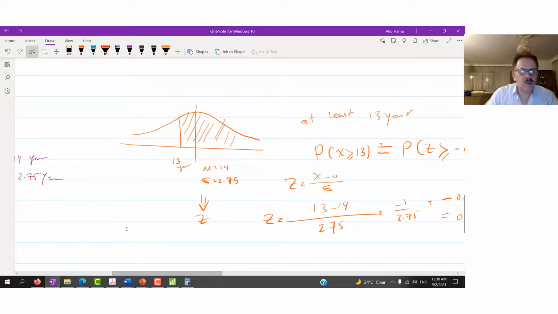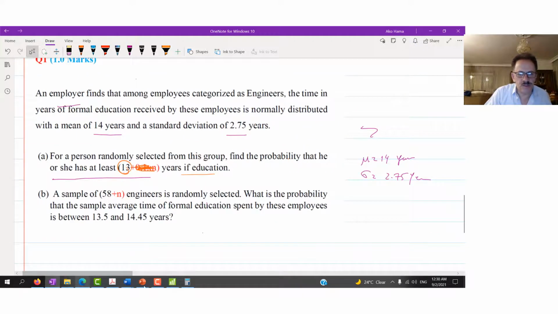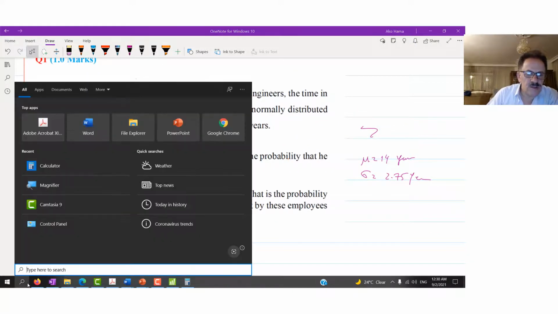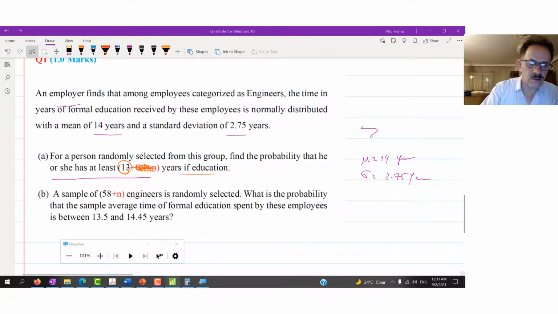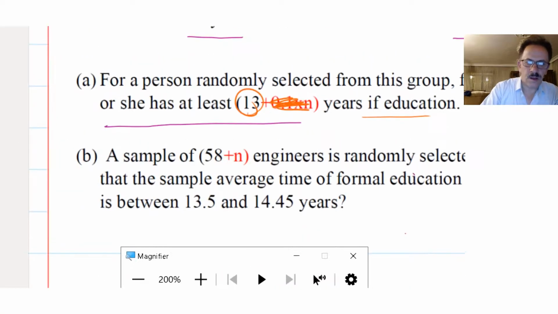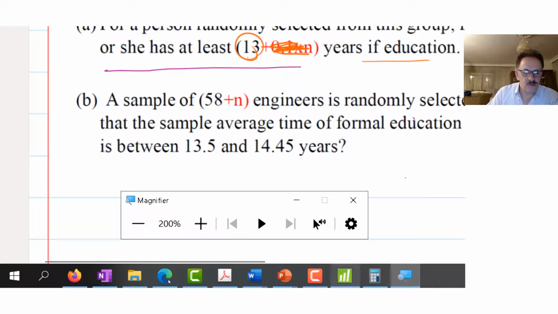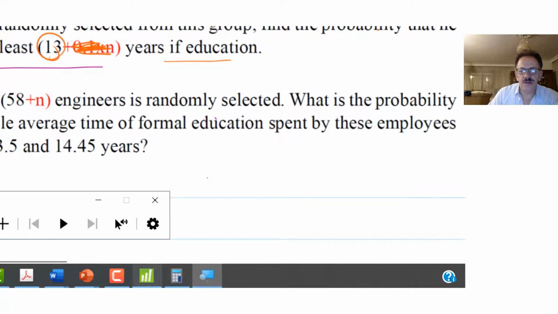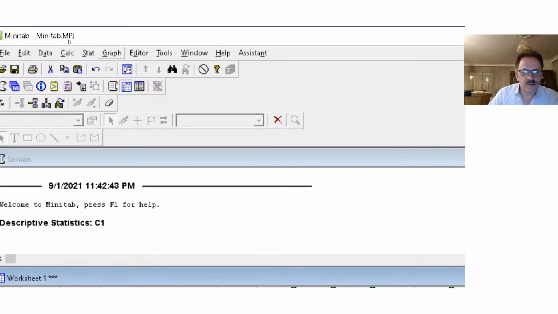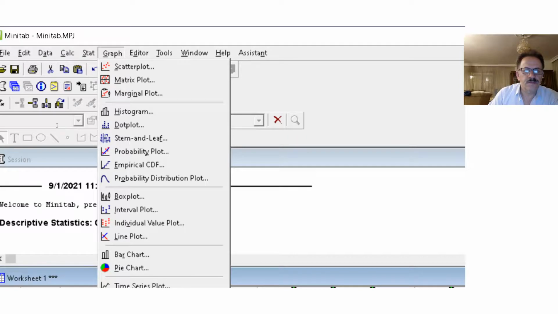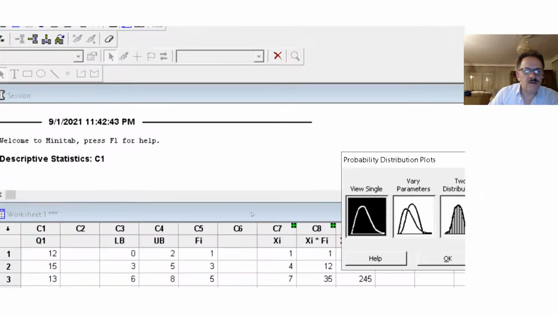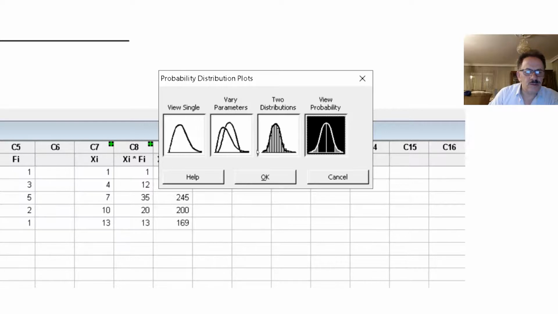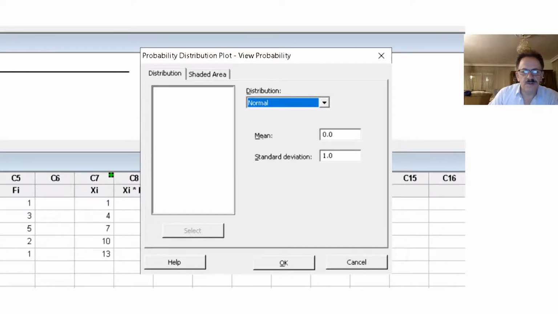Now this is the theory part. When I want to enter these data and use Minitab, be careful, this is the most important thing. I will go to Minitab. Remember that we have mu is 14 and sigma is 2.75, so I will go to the graph, then the probability distribution plot, and I will use view probability.